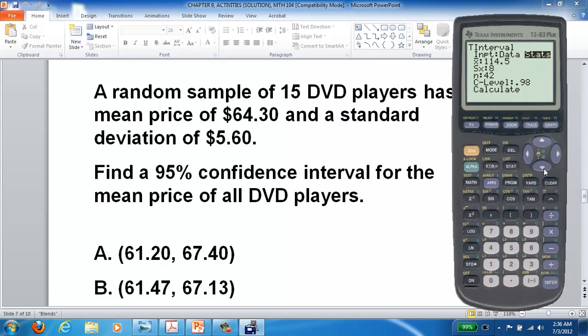We highlight again Stats. The mean price is 64.3. The standard deviation is 5.6, and then the sample size is 15.